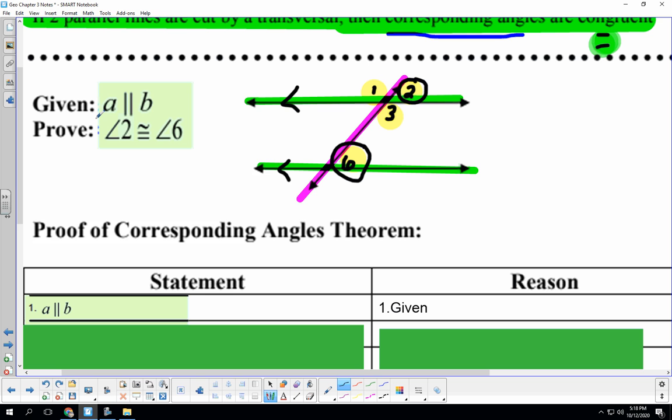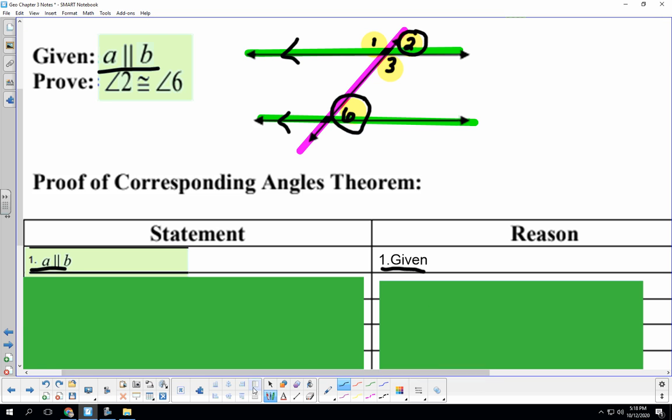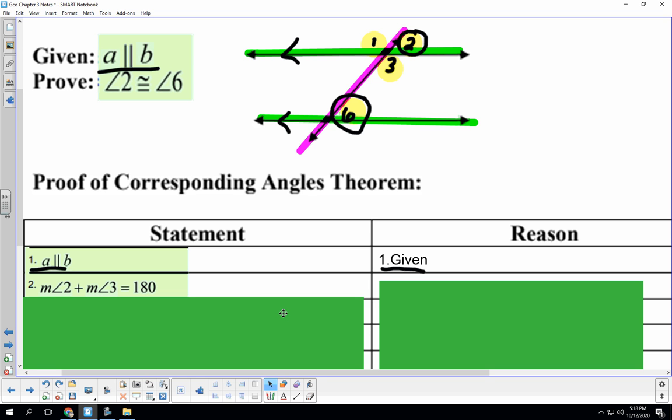All right, so we're going to take our given and write it in number 1 as our statement. And the reason is going to be because we were given it. Next item, we're going to say angle 1 and angle 2 and angle 3 add up to equal 180.